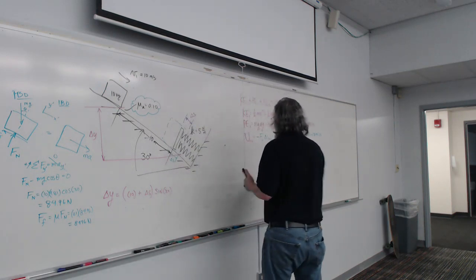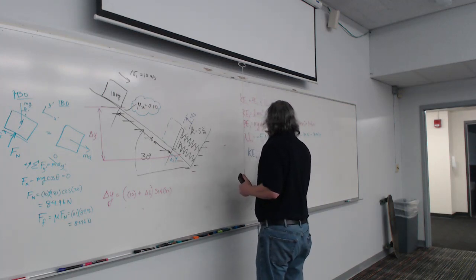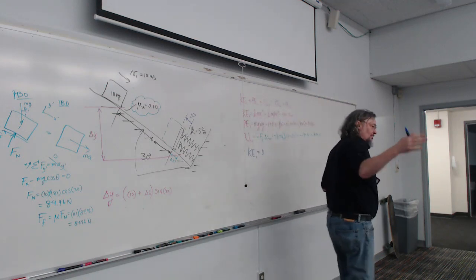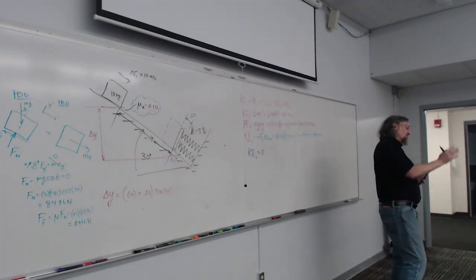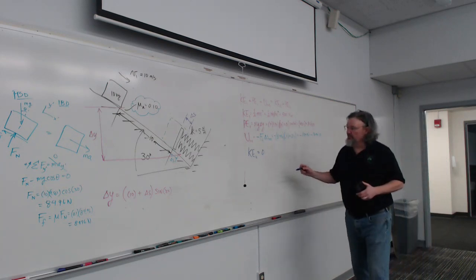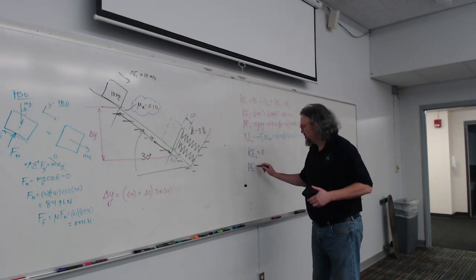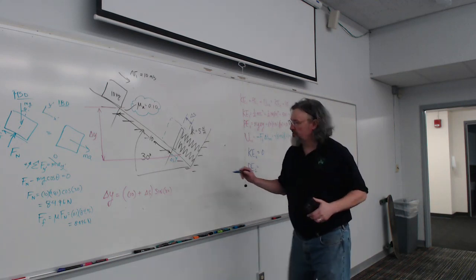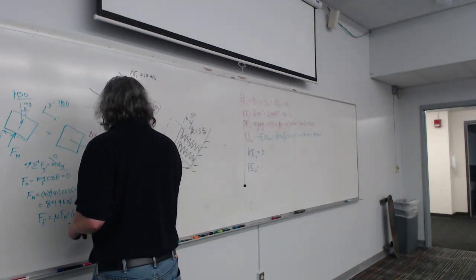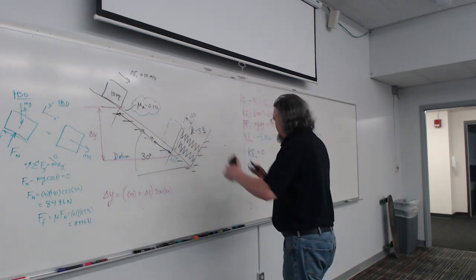All right, so kinetic energy 2. Oh, thank goodness. It's 0, because it's going to pause. We want to find the maximum displacement, so it's going to momentarily pause before it starts to go back up the slope. And then the last one is going to be potential energy 2. Whereas we chose this to be the datum right here, that's well and good, but the spring's going to have potential energy.